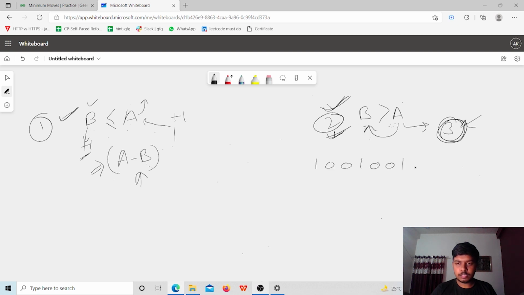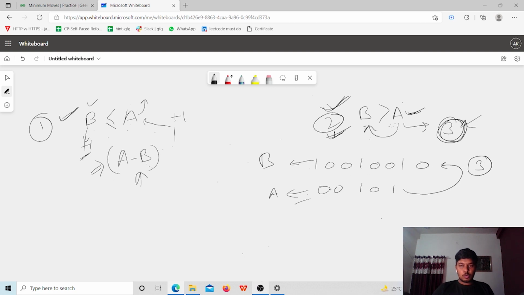Let's take this one as our B, and we have our A as this. Now, A will be lesser than B always, so this was the condition. Now I have to convert this into this in three operations, like I said earlier.